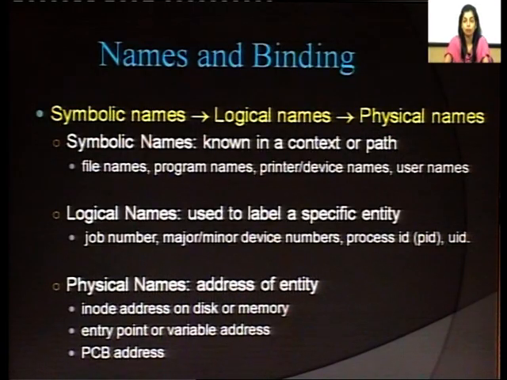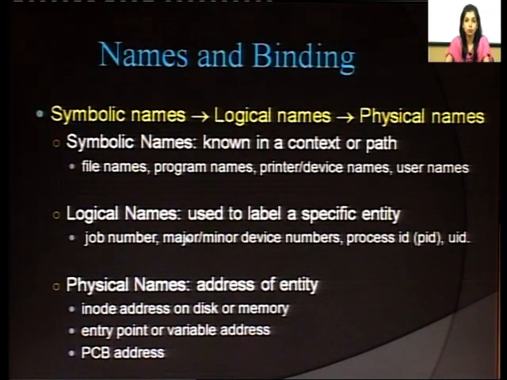In operating system language, the symbolic name is the name of a variable, and the logical address is generated by the CPU. Then we add some bits to the logical address, which converts it into a physical address. A symbolic name is a path of a file, program name, printer name, or user name.